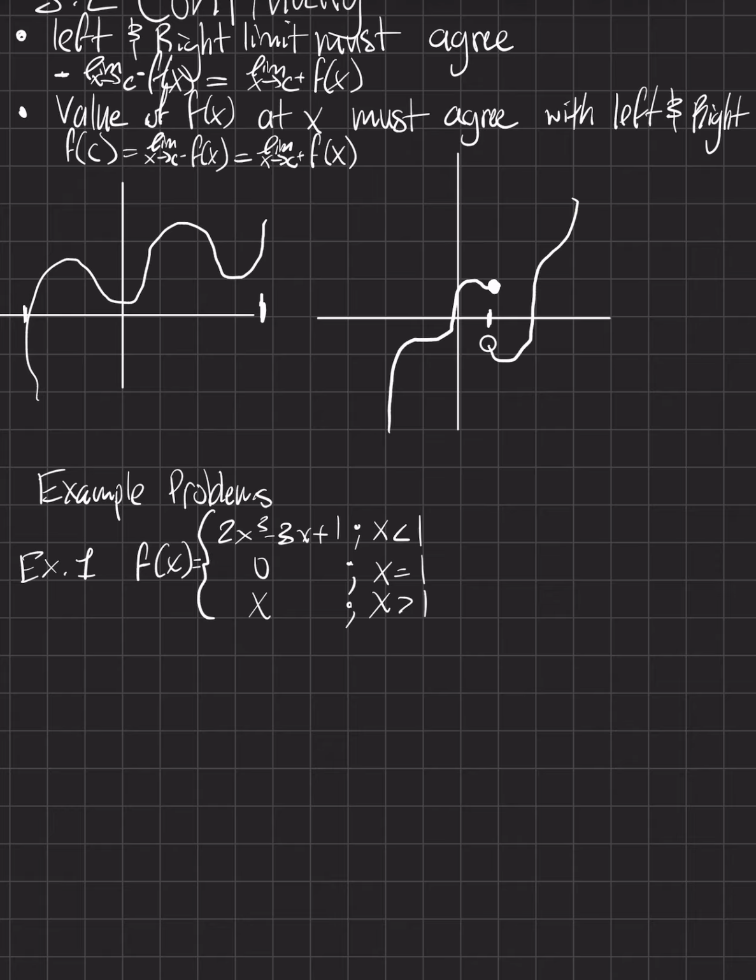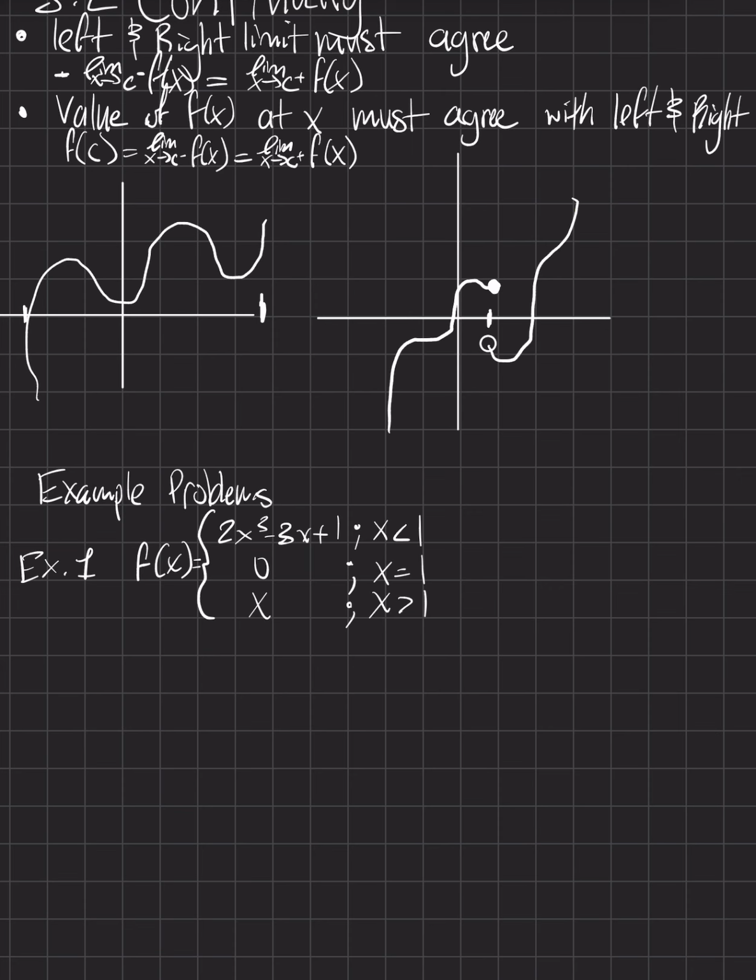So essentially this is a piecewise function, right? So what that means is that at different regions of your function, depending on whether you're greater than, less than, or equal to, in this case, the value 1, your function is going to behave differently, right?